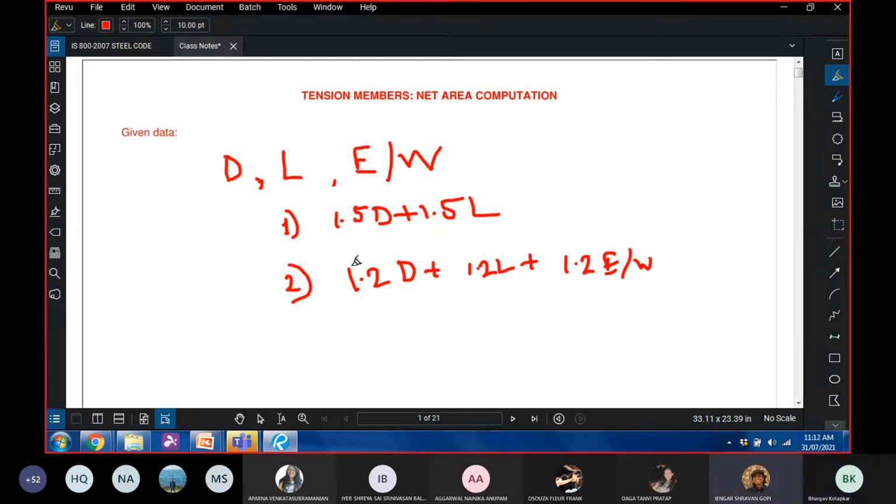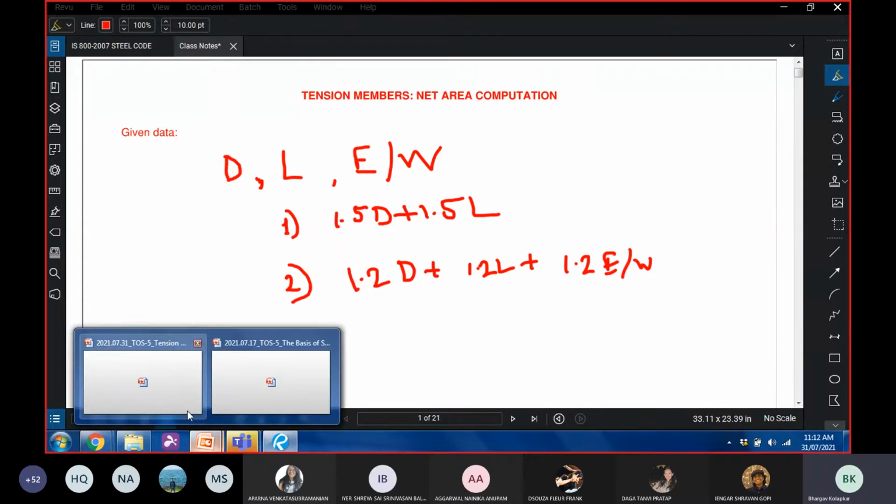Isn't the dead load static? Yes, the dead load is static, but we have to have certain contingency.